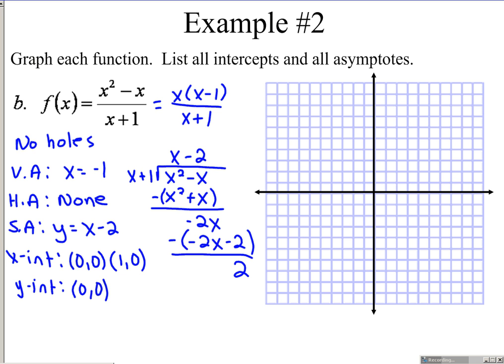Okay, begin graphing this information. Vertical asymptote at x equals negative 1. Slant asymptote, we have a y-intercept at negative 2. Slope of 1.